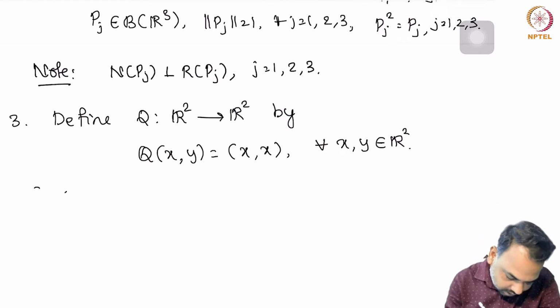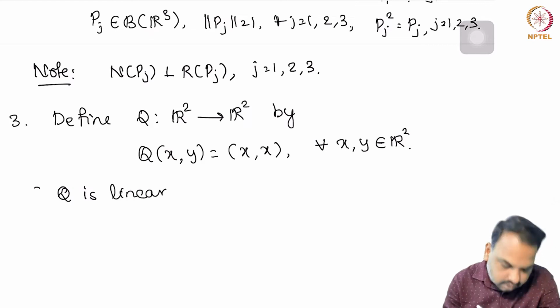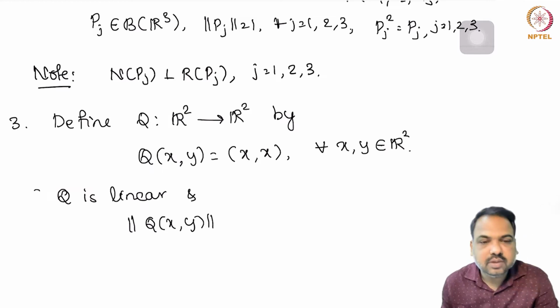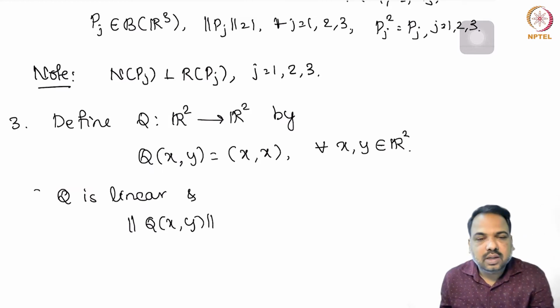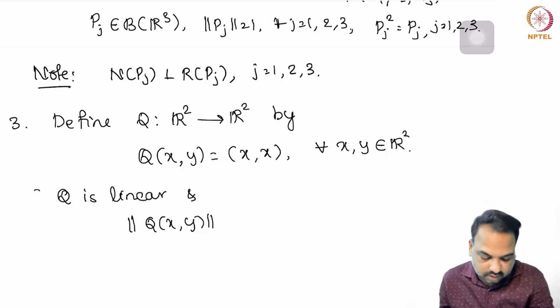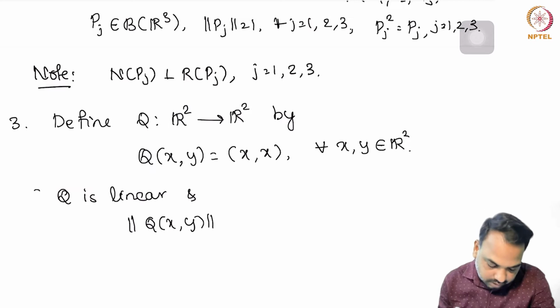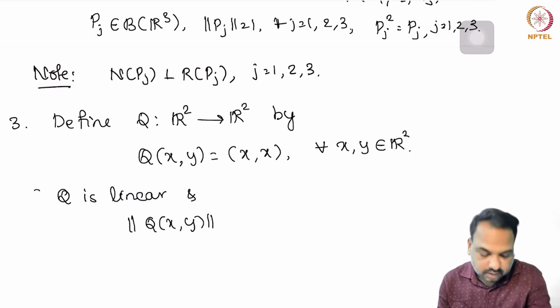So Q is linear, that is very clear. And if you look at the norm of Q(x, y), whenever we discuss R2, R^n or C^n, we use the Euclidean norm and the Euclidean inner product. So all the time we use that convention.